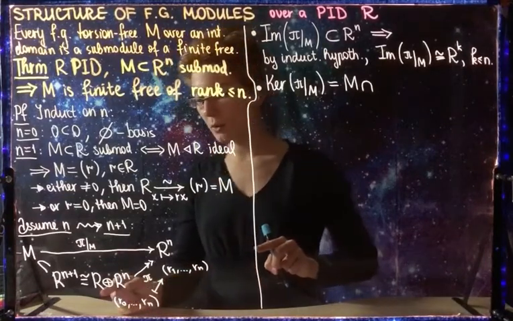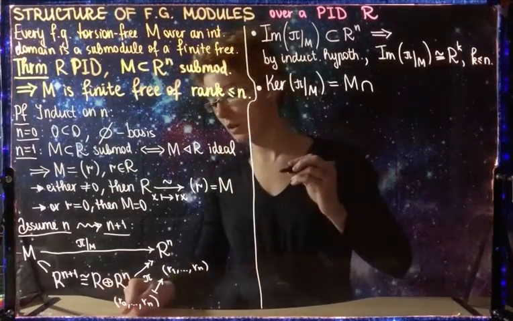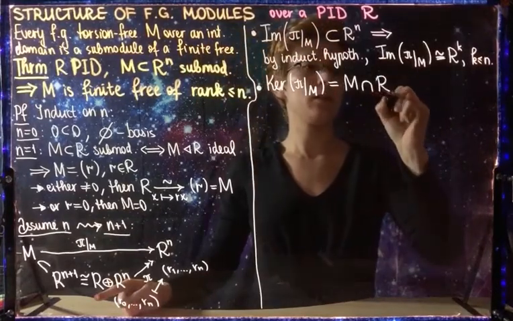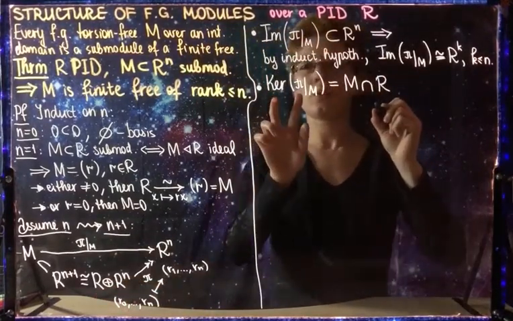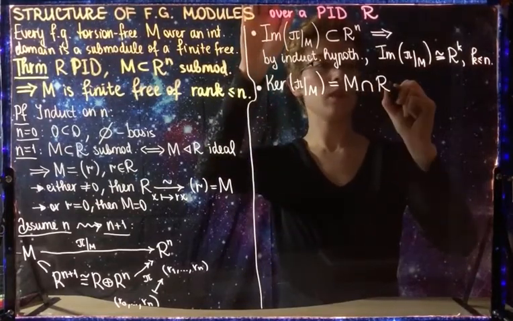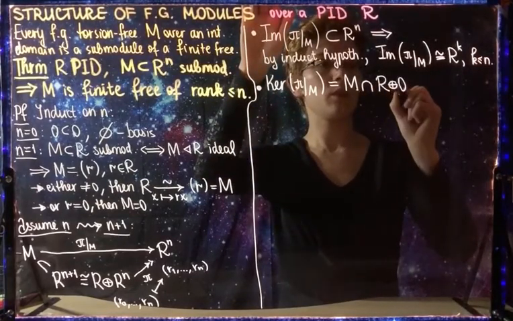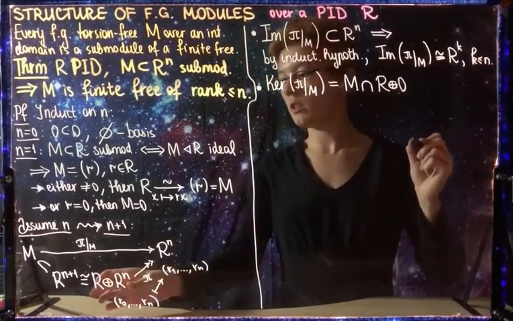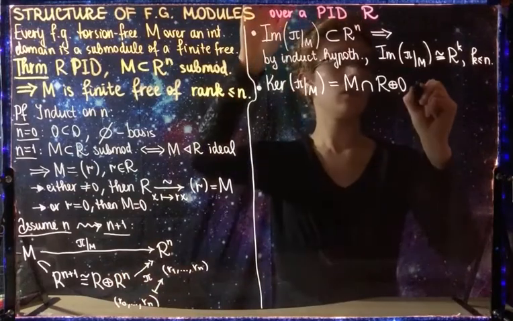So we only allow the first coordinate to vary. So we have that the kernel of pi restricted to M is equal to the intersection of M and R plus 0, viewed as a submodule embedded using the first coordinate.